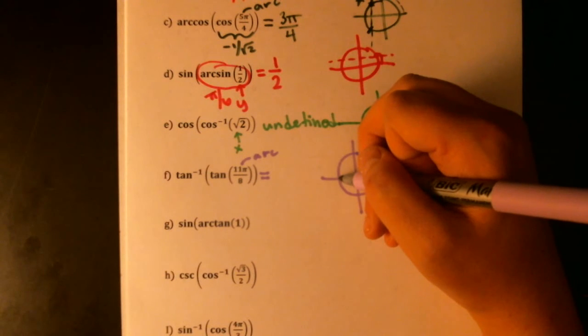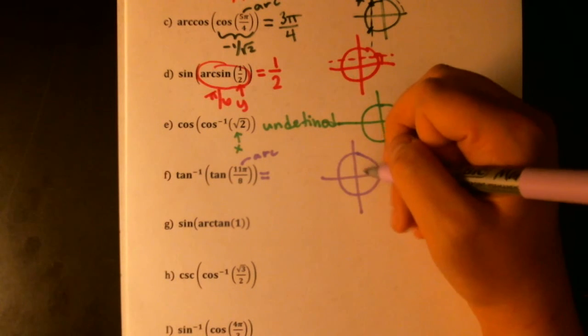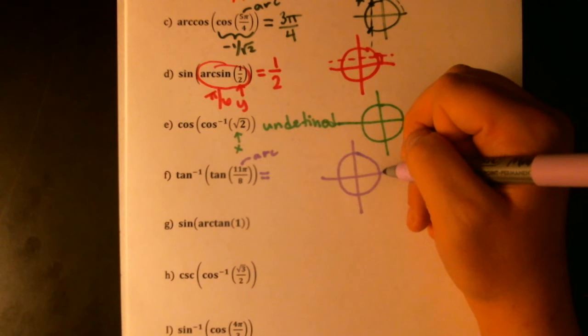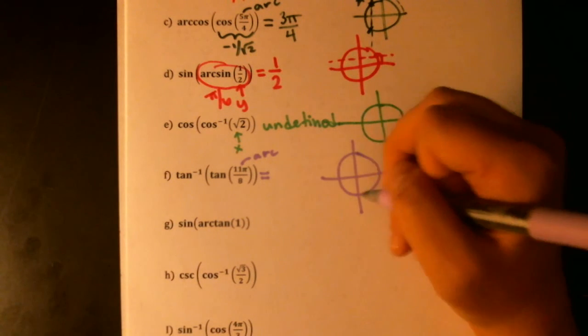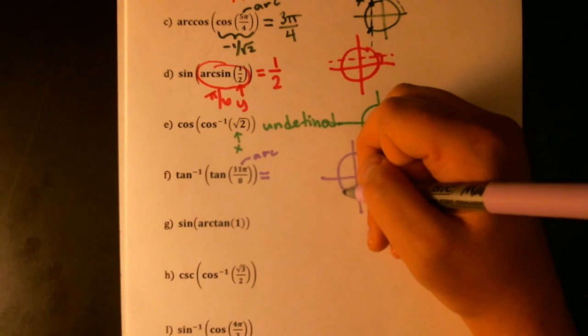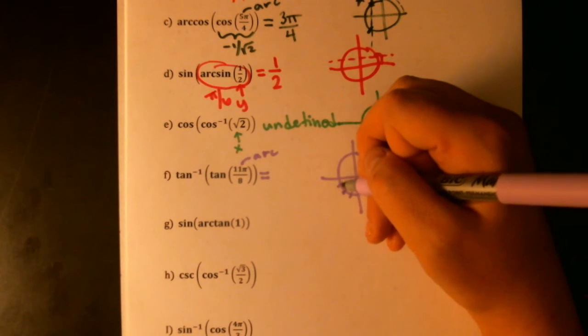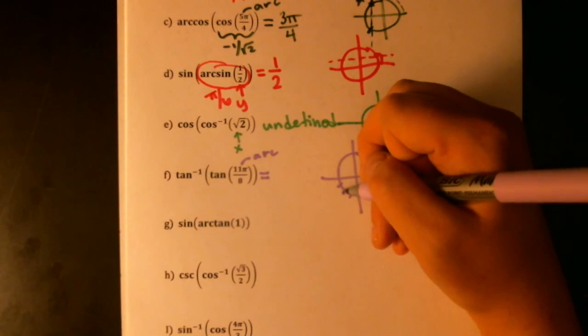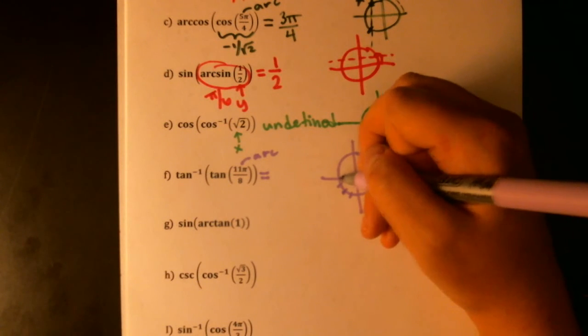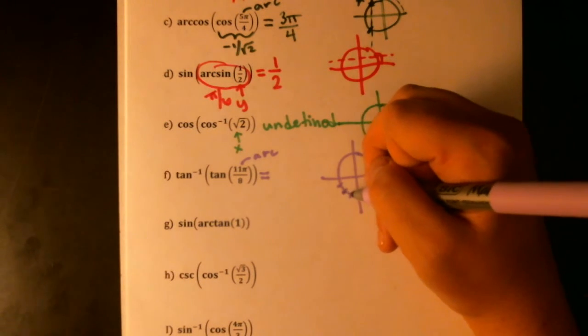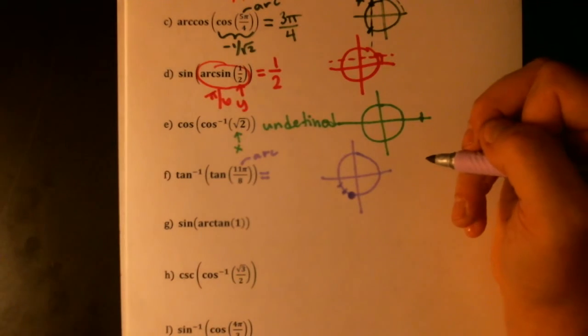And then pi over 8, so we're splitting the top half up into 8, which means each quadrant is getting split up into 4. So this is a pi over 8, a pi over 8, a pi over 8, pi over 8. So 11, we need 8, 9, 10, 11, which puts us really far down in quadrant 3.